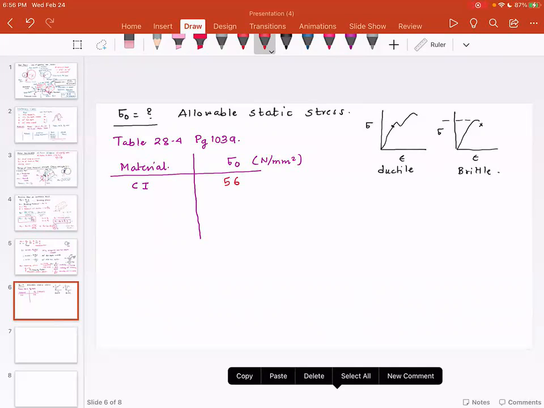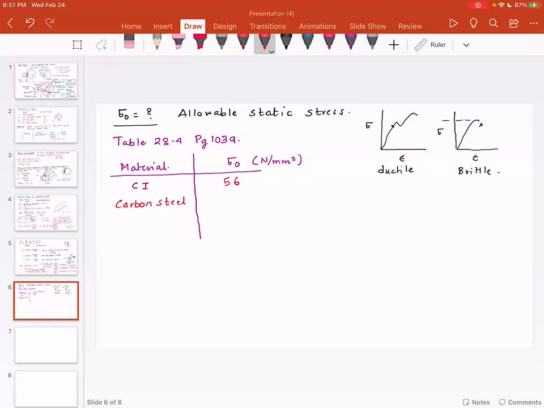Now, if you look at the carbon steel, and please understand when I say carbon steel, you can have a low carbon steel, a medium carbon steel, or a high carbon steel. And the properties, because of the carbon content, are different. But in general, for a forged carbon steel, it's a ductile material, which is about 120 Newton per millimeter square.